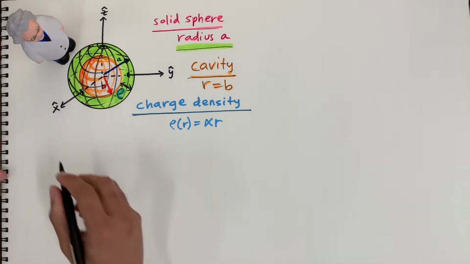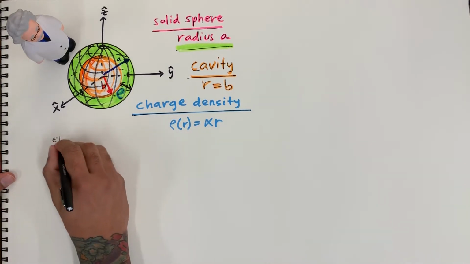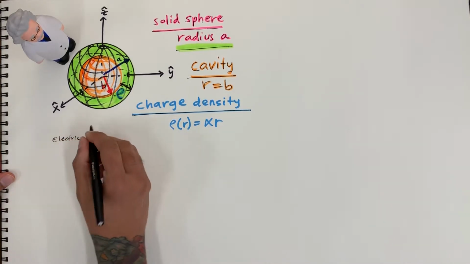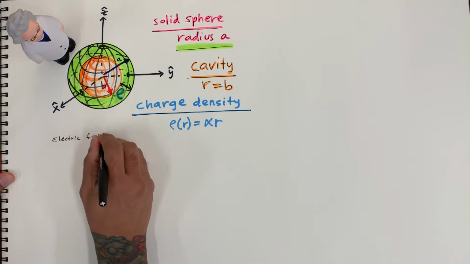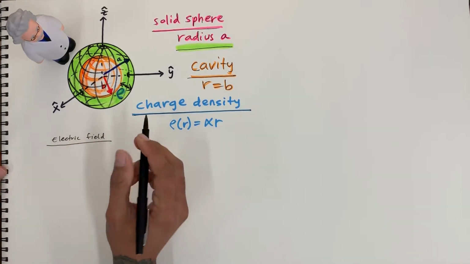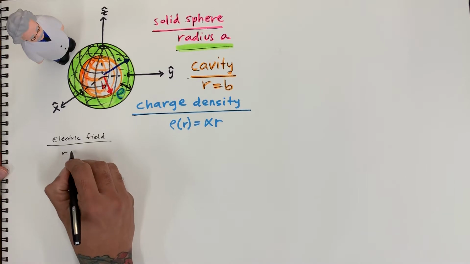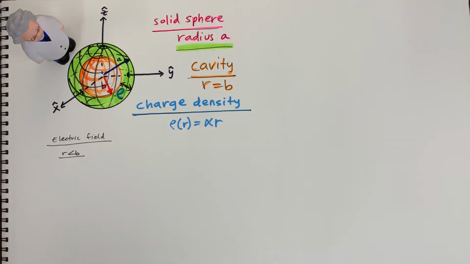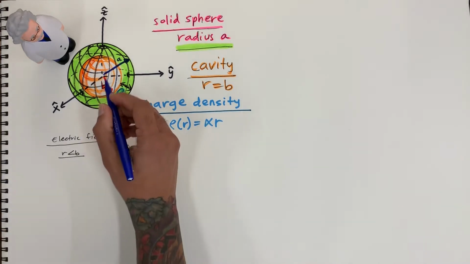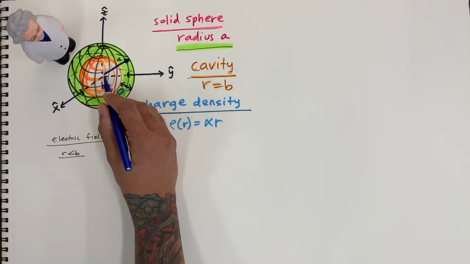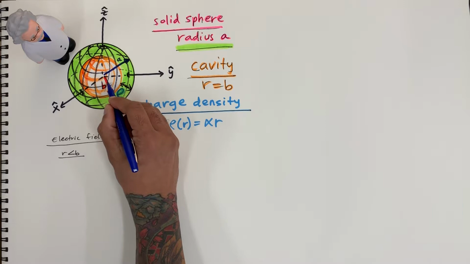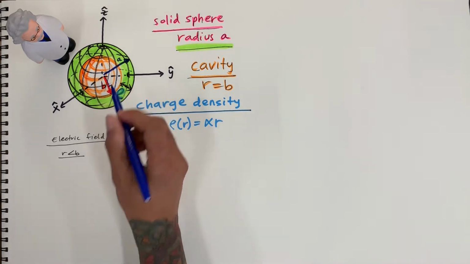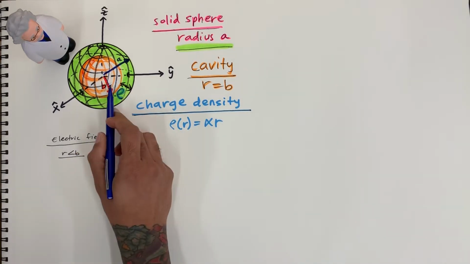Okay, so the electric field for R less than B, okay, so that puts us in a region around here. So if, let's say we have a small r that goes to this length here, what would be the electric field there?